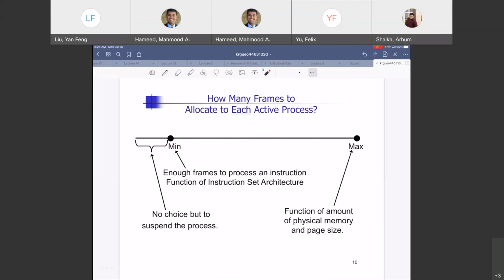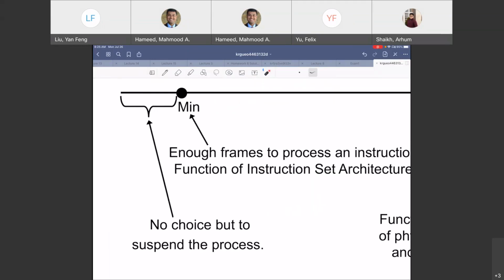Now, the question is, how many frames do you allocate for each active process? You can be all the way over here, the minimum number, or you can be all the way over here, the maximum number of frames. So let's start over here, the minimum. This is for each process.